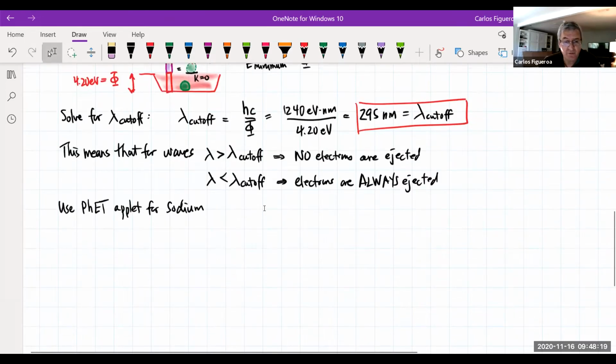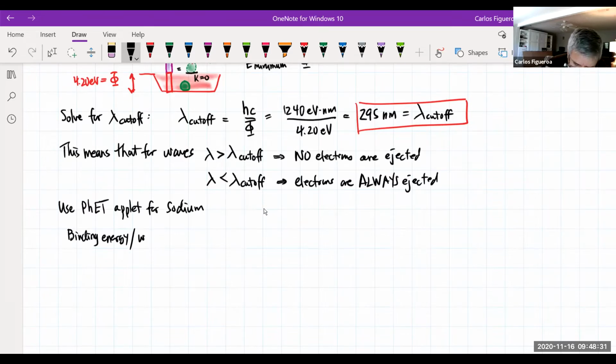So the first thing that we want to do is that I know the binding energy, or work function, of sodium is this.